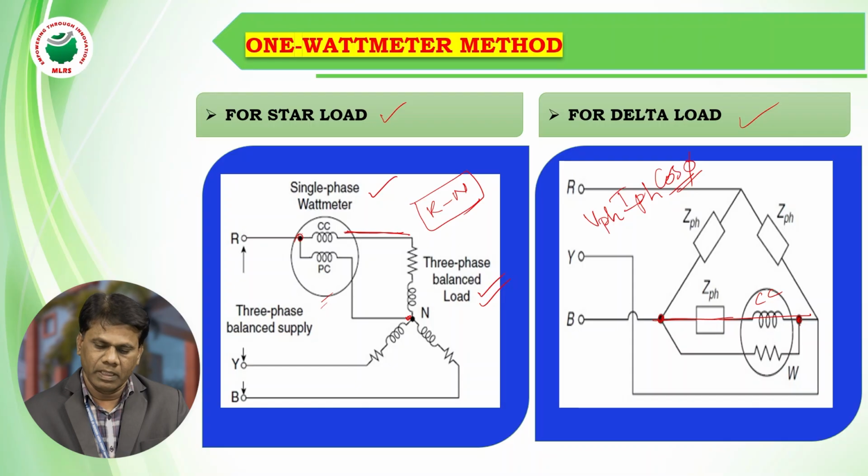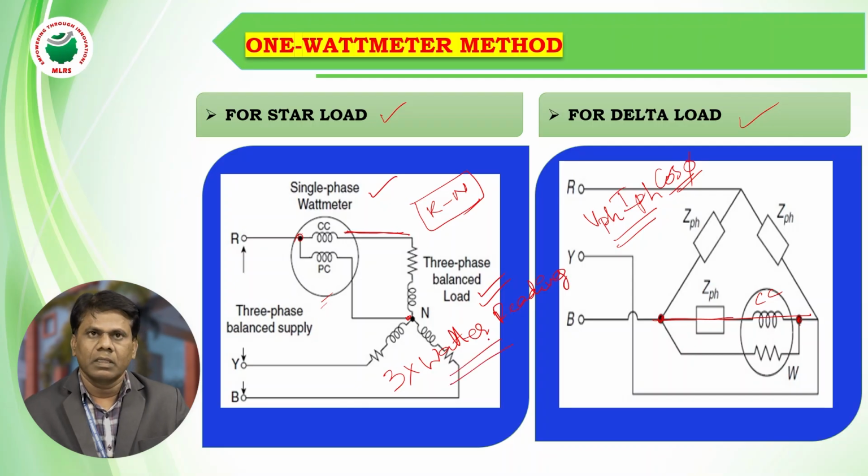By drawing the phasor diagram, we can measure the power in that particular phase. If you want the total power, 3 times the wattmeter reading will give the total power in star connected or delta connected loads.